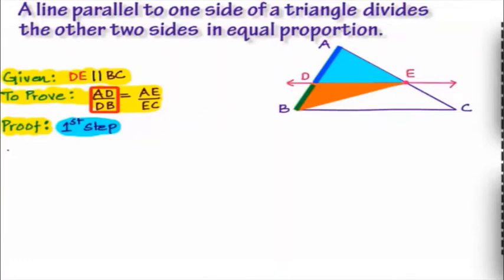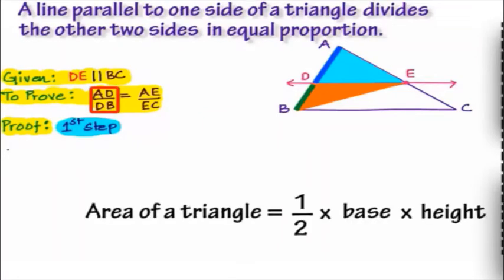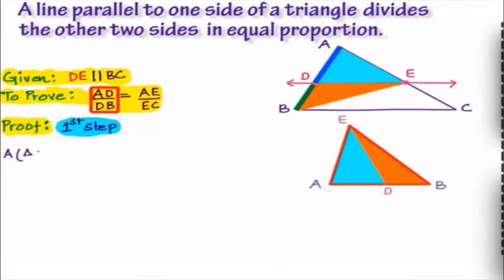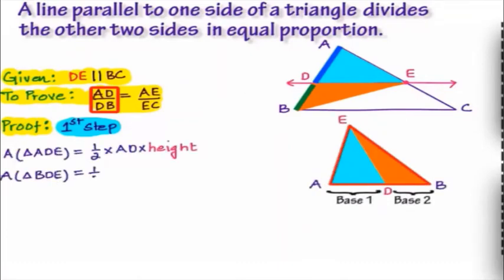We know that the area of any triangle is calculated by half into base into height. Since AD and BD are required for the proof, let us take them as bases for the required triangles. And now let us take the ratio of their areas because we want the ratio of AD and BD.